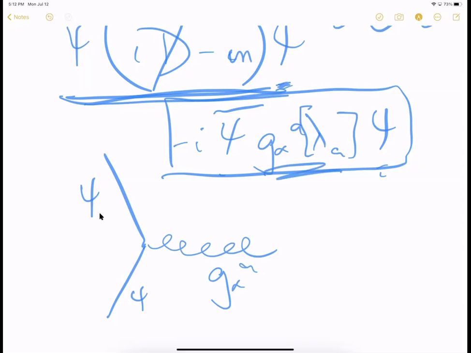Because all these can change the color. So if this is red, this might be green. And instead of labeling these G alpha as A, it's actually convenient to label them, say, a red anti-G, or in the present case, a green anti-red would annihilate the red and leave a green, because this carries off the green and annihilates the red. So we can keep track of the gluons that way.